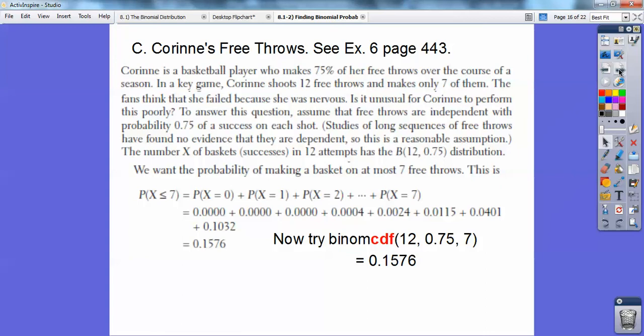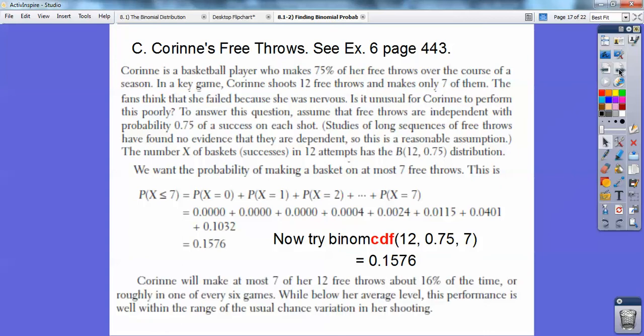You're going to get the same answer. Remember, Mr. Bullock likes you to interpret that answer. Kareen is going to make at most 7 of her 12 free throw shots about 16% of the time, or roughly 1 of every 6 games. That's below her average, but this performance is well within the range of usual chance variation.